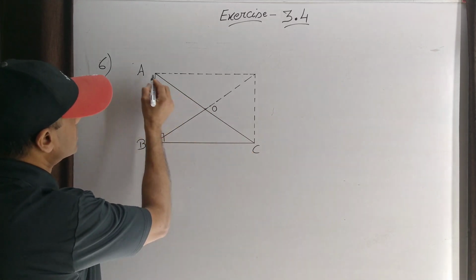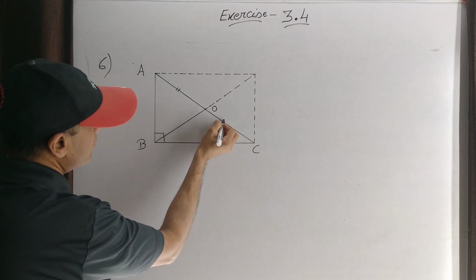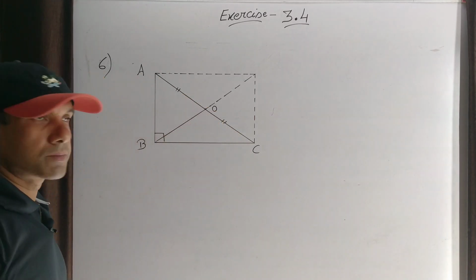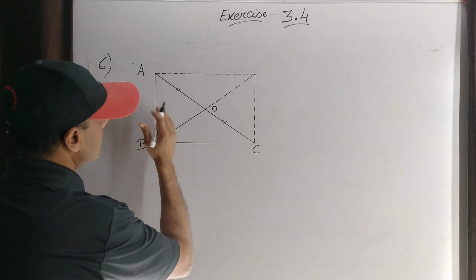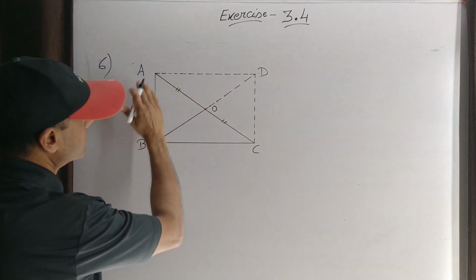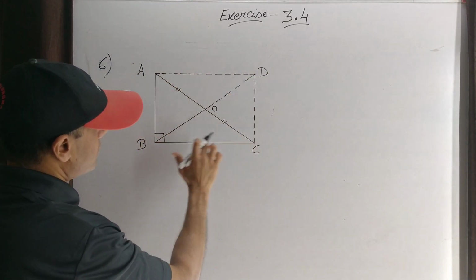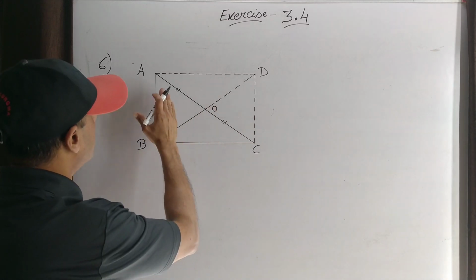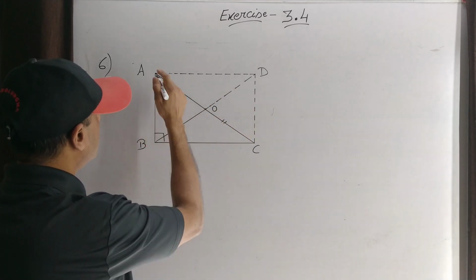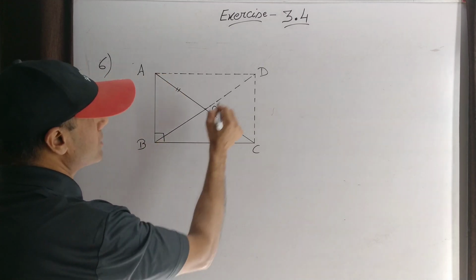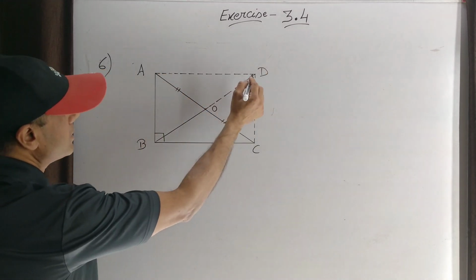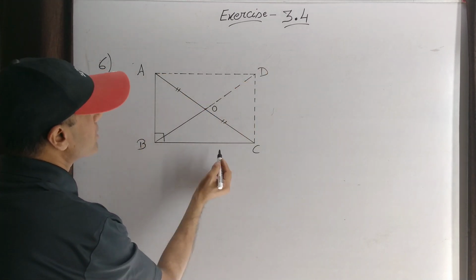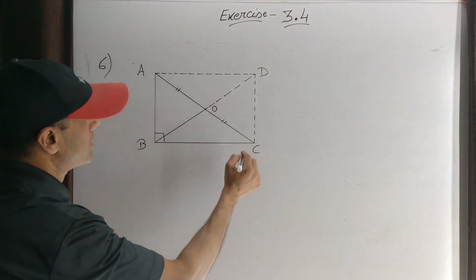So O is equidistant from A and also from C. Now we have converted this triangle into a rectangle by drawing a replica of it, that is, a line parallel to AB, that is DC, and AD, which is of course parallel to BC. So this is now a rectangle.